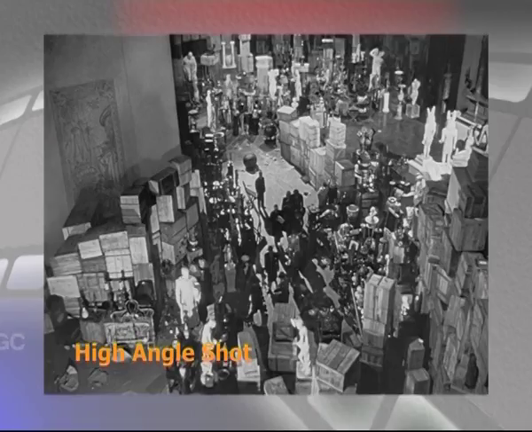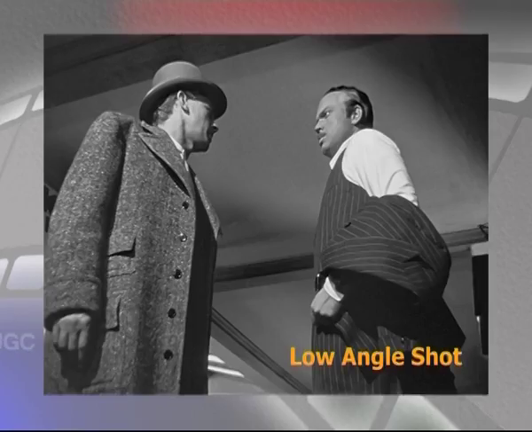When the camera is at eye level, which is the way this is being shot right now, the audience can connect very easily. But if the camera goes slightly up, it creates a high angle shot, or when it goes down, a low angle shot. So while the eye level shot connects, the extreme high angle or low angle shots become remote.